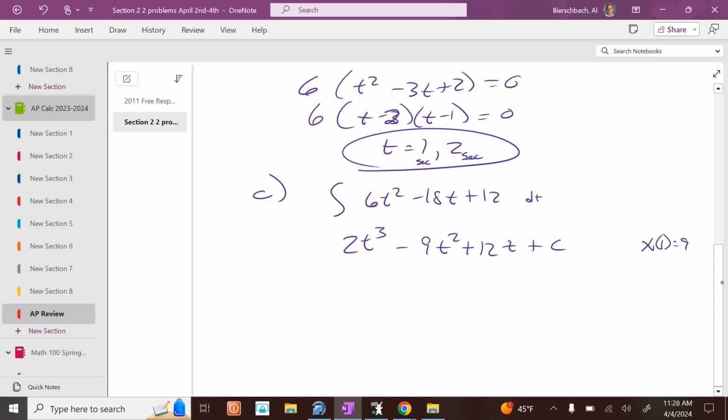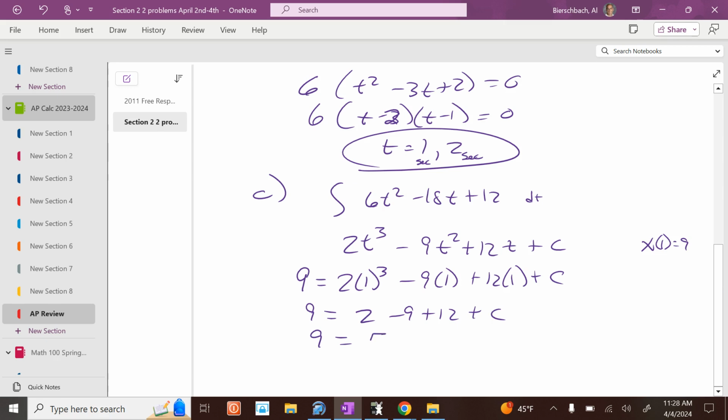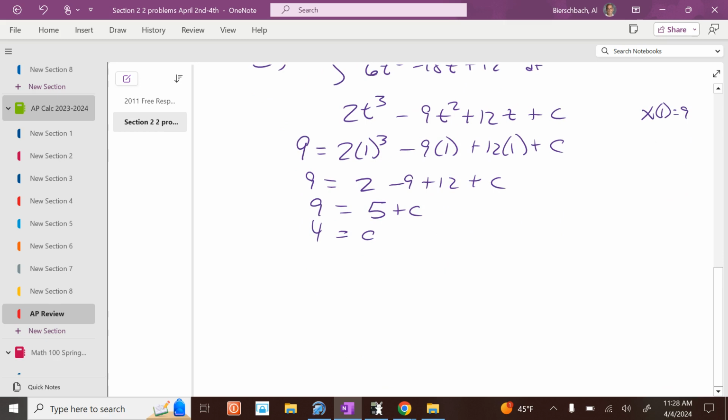So the position at 1 second is 9. So you set 9 equal to 2 times 1 cubed minus 9 times 1 plus 12 times 1 plus c. So 9 equals 2 minus 9 plus 12 plus c. 9 equals negative 7 plus that, that's 5 plus c. So c equals 4, right? So the position is 2t cubed minus 9t squared plus 12t plus 4.